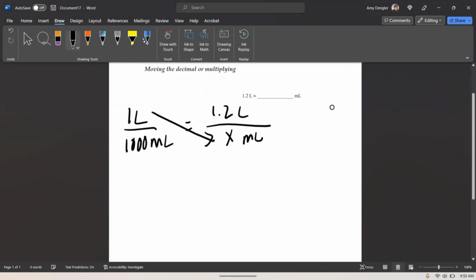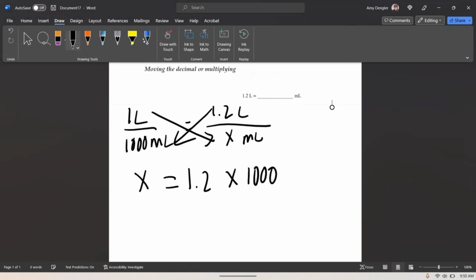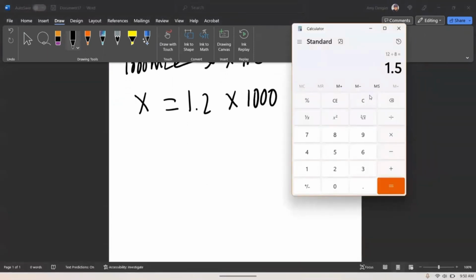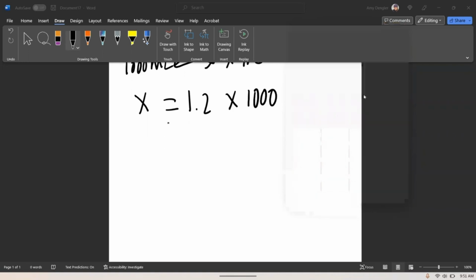So we have 1x, which is just x, is equal to 1.2 times 1,000. So we'll get out our calculator and just do 1.2 times 1,000. So that is going to be 1,200.